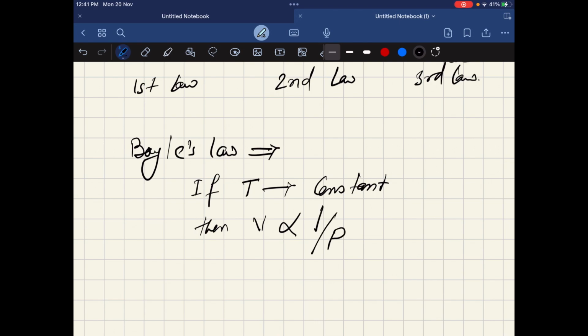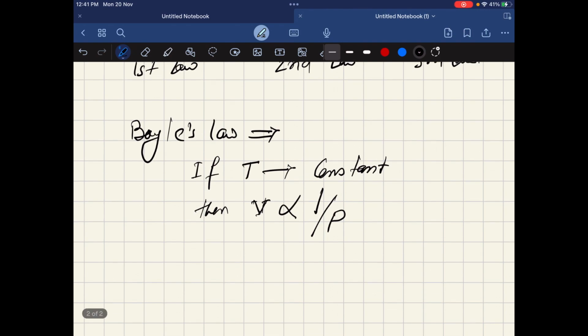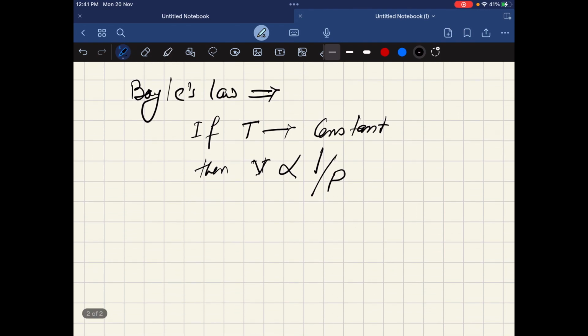It can also be written as PV is equal to constant. Okay, so this is Boyle's law.